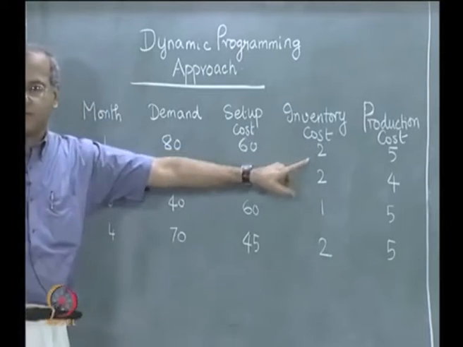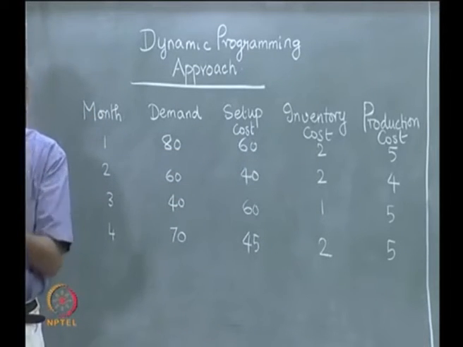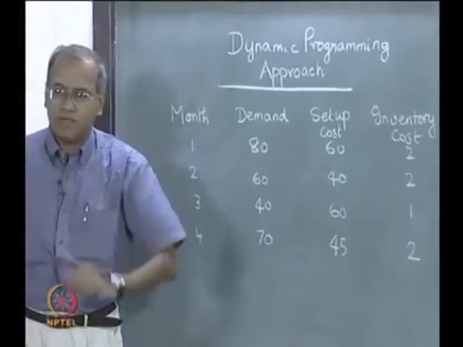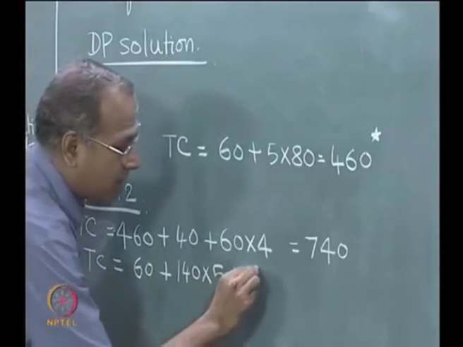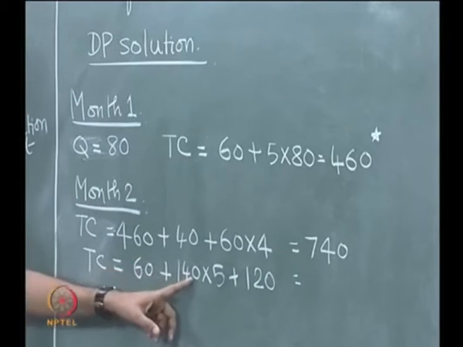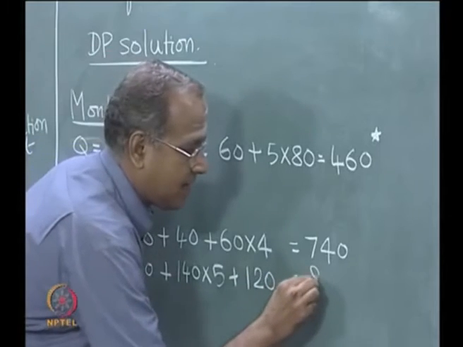This 2 represents the cost of carrying 1 unit of inventory at the end of the first month to the second month. So 60 into this 2 is 120. So this becomes 700, 820 plus 60 is 880.